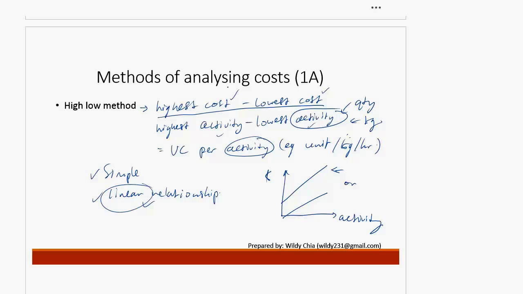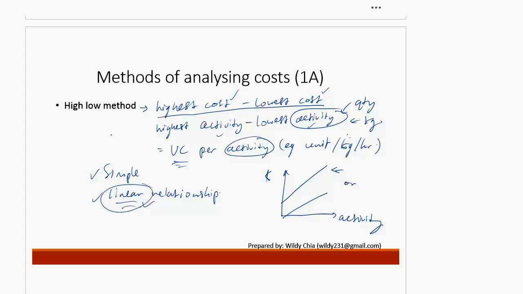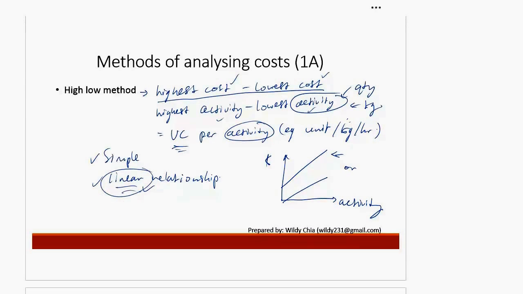Using this formula, you are able to determine the variable cost per activity. The method is very simple because it gets you the result without a lot of complicated steps. It assumes that between the cost and the activity level there is a linear relationship, which may not be the case, depending on what context you're looking at.